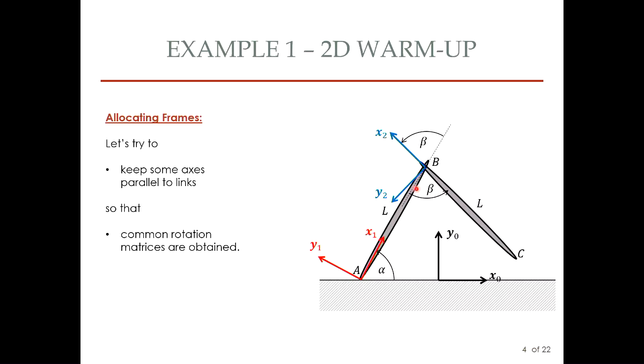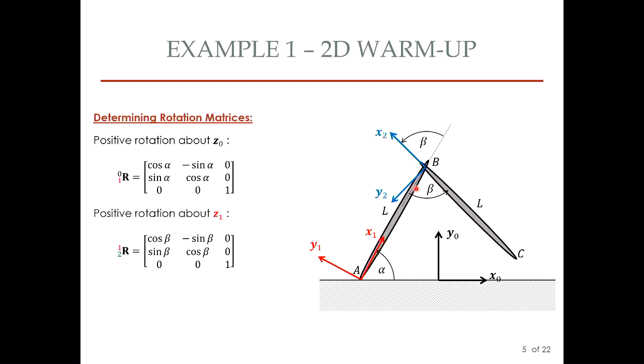Okay? Sorry, I forgot. This is about x. So the bottom one, right? The bottom one on the right is the z rotation. Okay, so we will, in this case, obtain common rotation matrices.